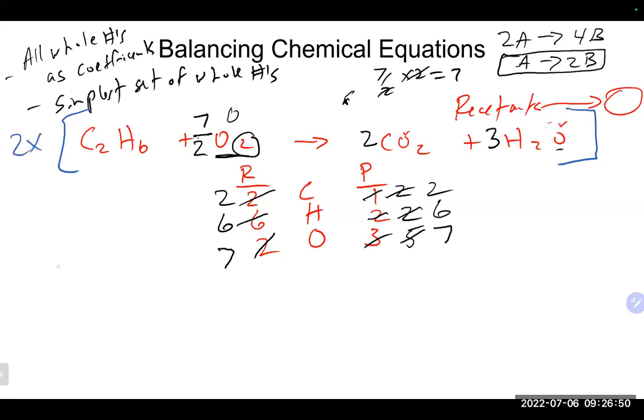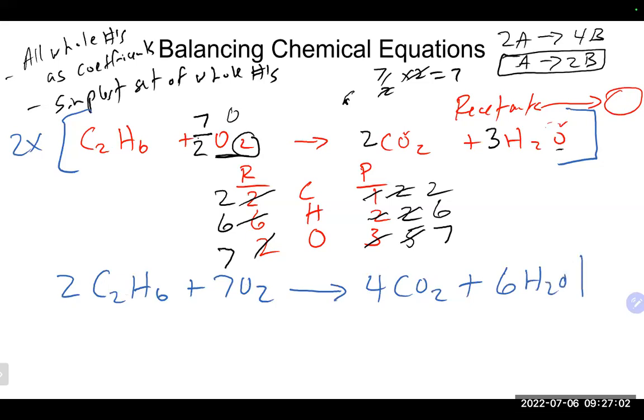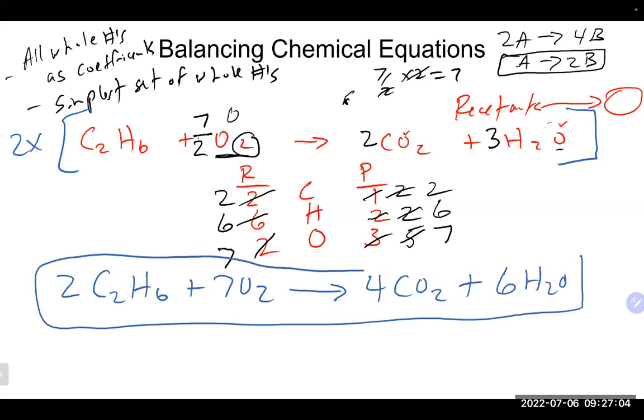So if we do that, that would get us 2 of the C2H6 plus 7 of the O2 goes to 4 of the CO2 plus 6 of the H2O. And if we did this correctly, we should still be balanced here. That's going to be 4 carbons on the left and 4 on the right.